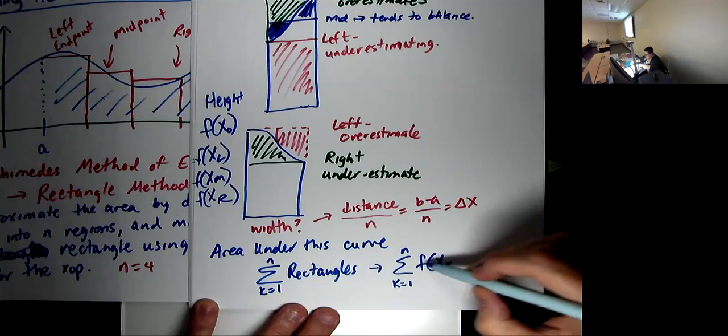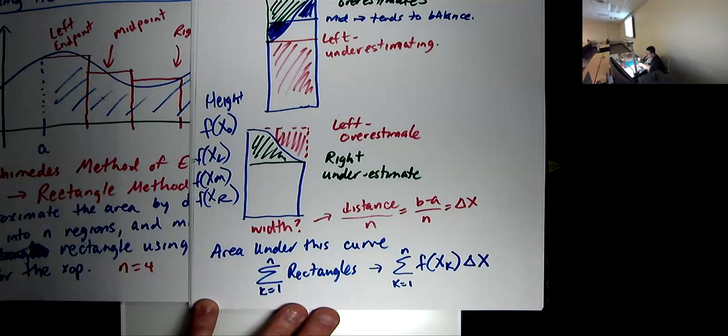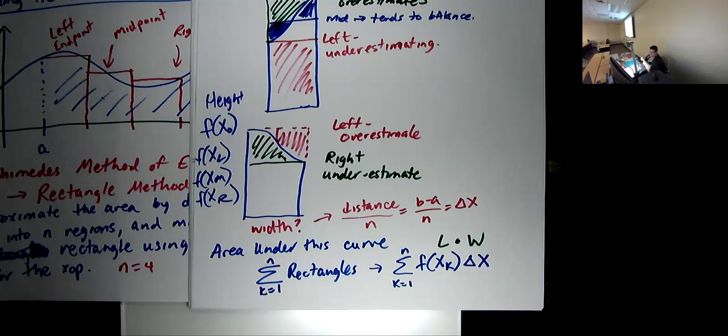We don't know which point it's going to be. It's going to be times this delta x. So that's like length times width. I actually don't think we cover that formula till like 5.4 or 5.5. But where we use more of it.